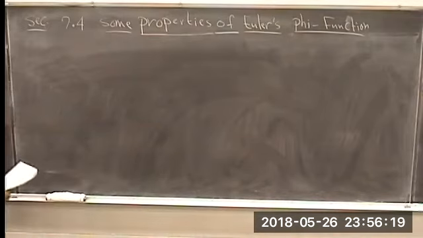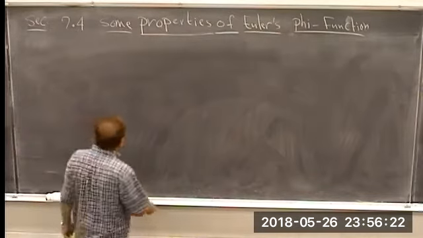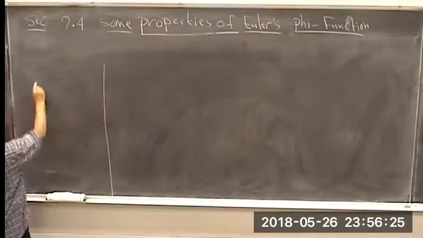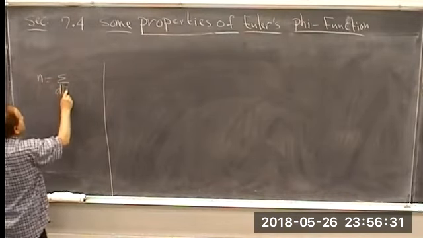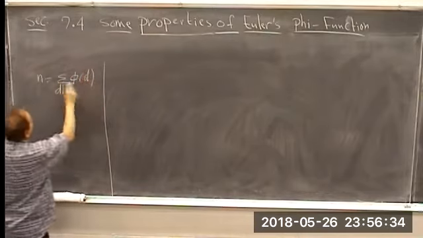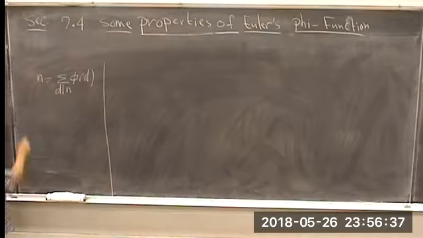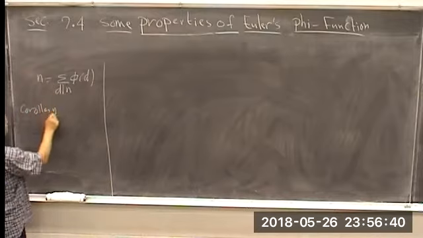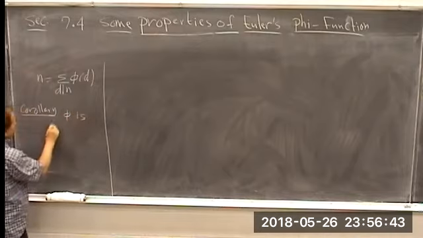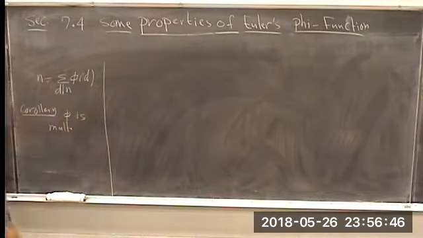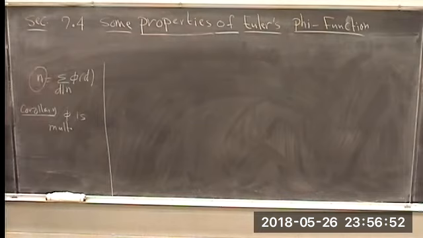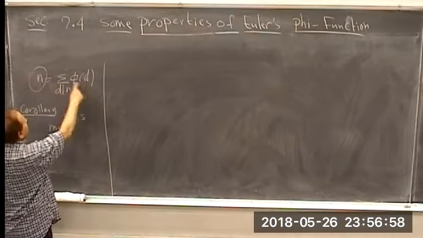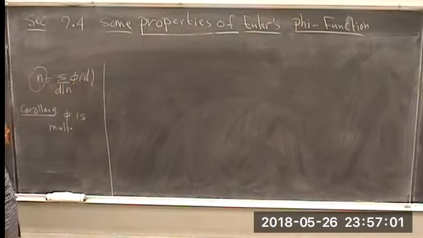One other thing, by the way: you can actually use this, but it is kind of cheating. Since n is equal to this, you can use a corollary, that phi is multiplicative. The reason is that n here is completely multiplicative, and then we have a theorem which says that the sum of phi is also multiplicative.